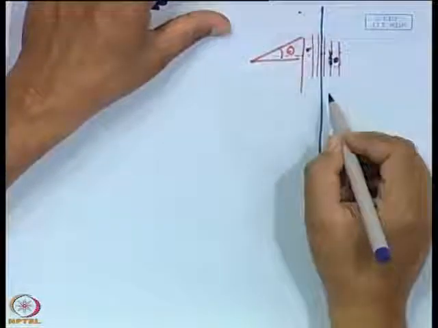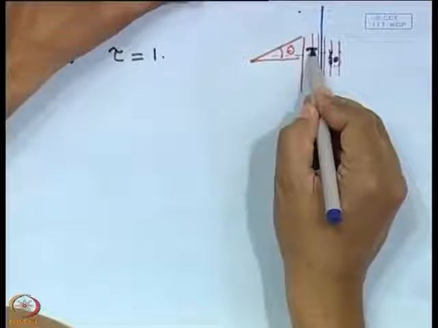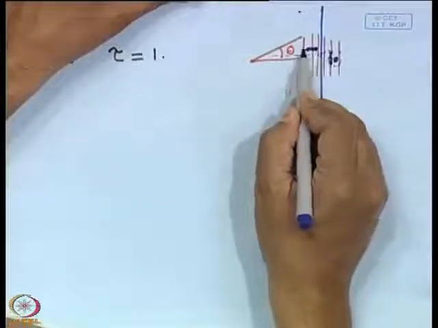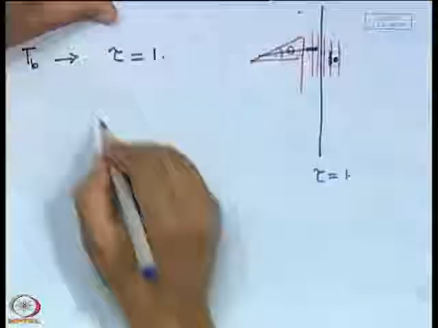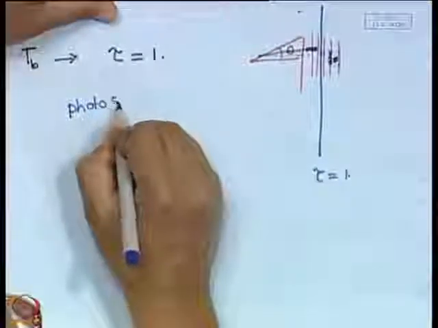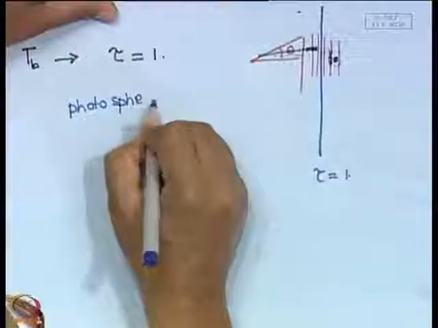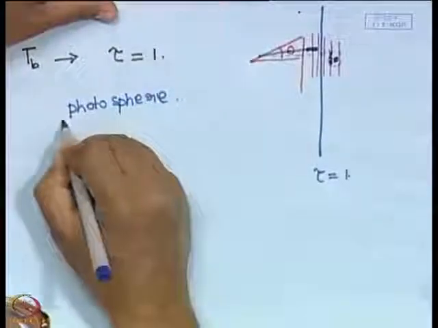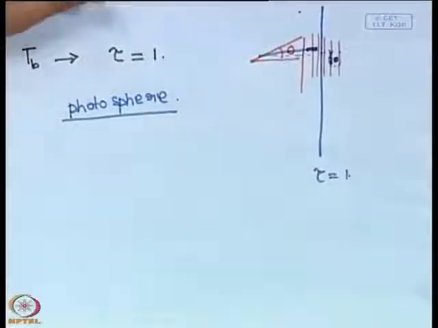So let us say this is the point where the optical depth becomes unity, then you will see the radiation coming from this entire part where the optical depth is less than or up to order unity. This region is called the photosphere. That is the part of the sun which you see from outside. It is called the photosphere. So all the way till where the optical depth becomes of order unity.